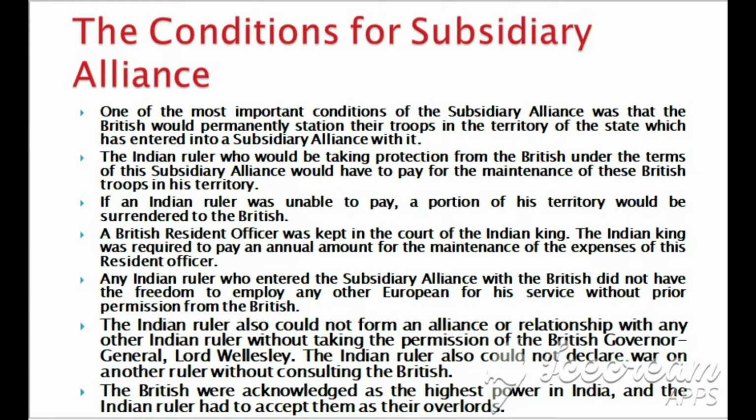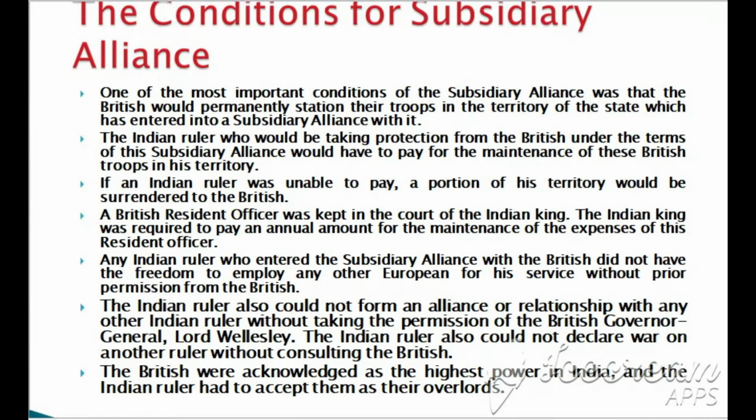The Indian ruler also could not declare war on another ruler without consulting the British. The British were acknowledged as the highest power in India, and the Indian ruler had to accept them as their overlords.